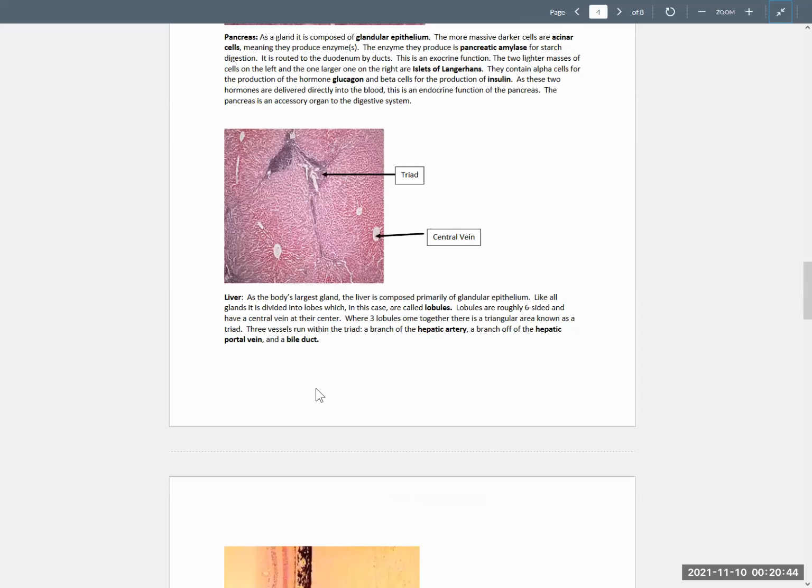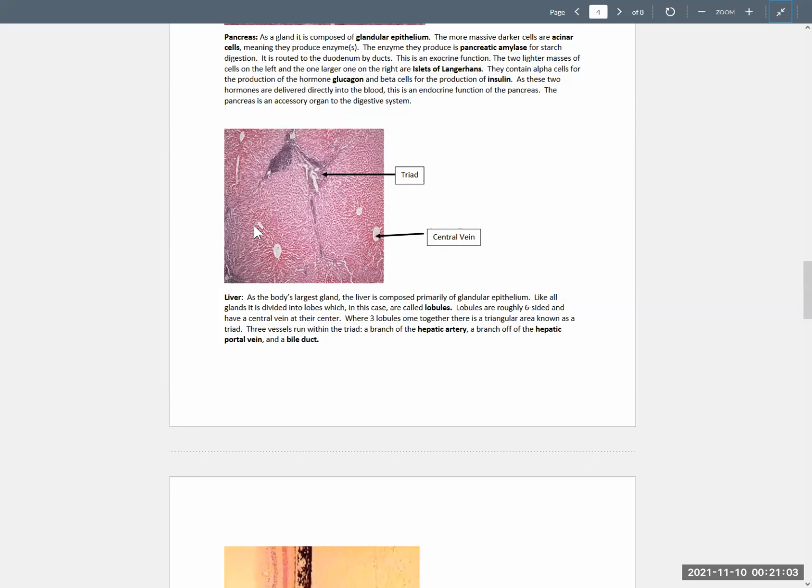Here's one of my favorites. It's the liver. It looks like so many tiles packed together, or paving stones packed together, each one with at least one, usually only one, vein in the center. All you need to do on this is identify it as liver.